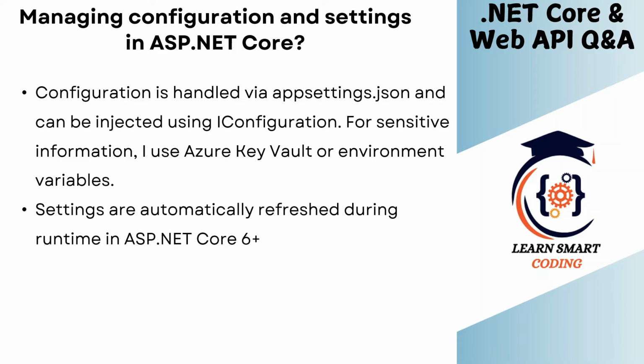So you can inject IConfiguration and start using the properties in any of the controllers or services. You can also store all of this information in Azure Key Vault and use that in the deployed version. And one thing you should remember: from .NET 6 onwards, these settings are automatically refreshed during runtime.